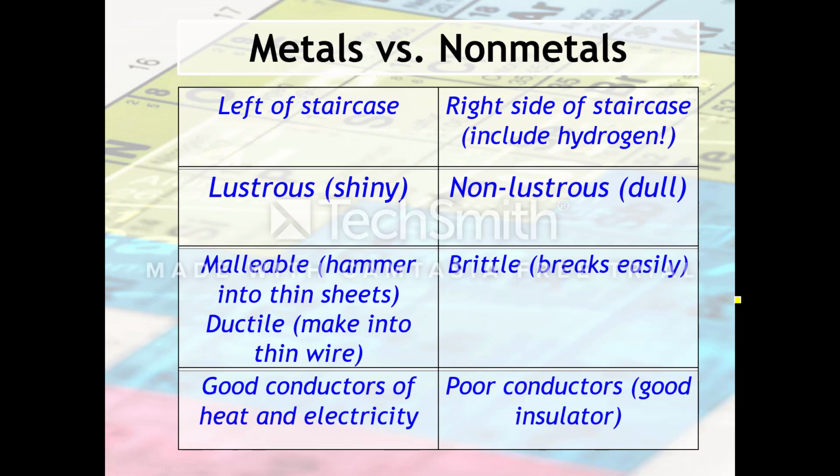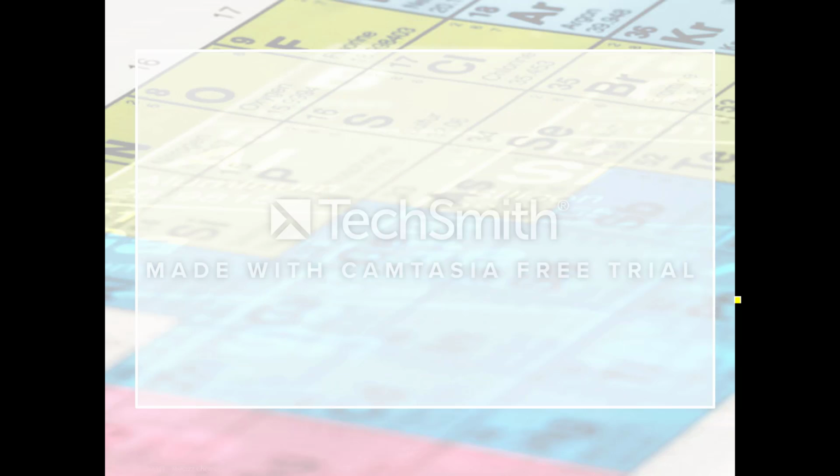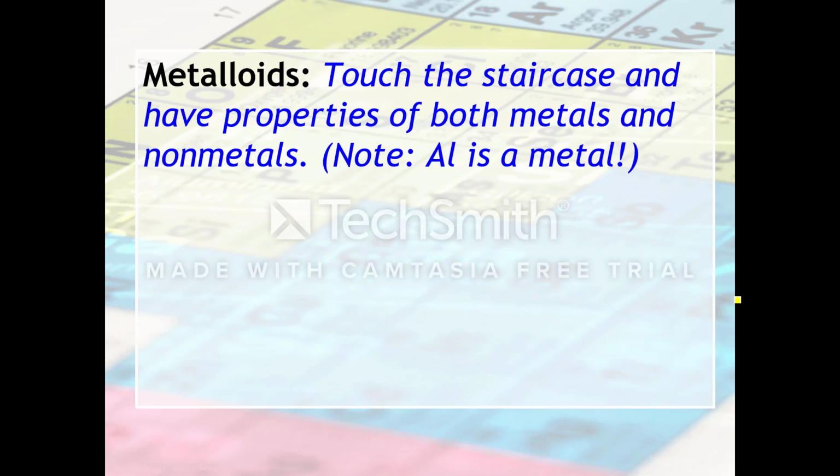And that brings us into conductivity, right? So metals will conduct your electricity, and what you want on the outside of your wires is a non-metal. So a poor conductor is not going to be conducting electricity, but it makes a good insulator, so it keeps heat in. All right, and then metalloids, so they touch the staircase, and they have properties of both metals and non-metals, but we're excluding aluminum in that. Again, there's an exception to everything.